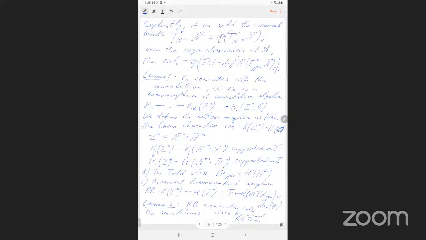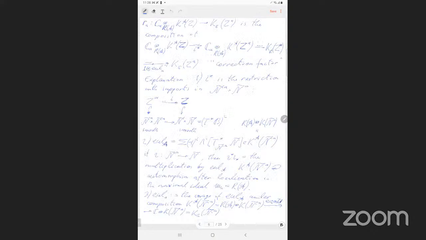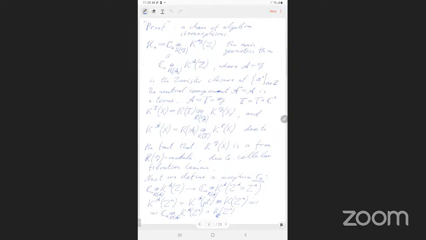And at least the main theorem is proved now. So we wanted to construct this chain of isomorphisms, and we started with specialized K-theory.